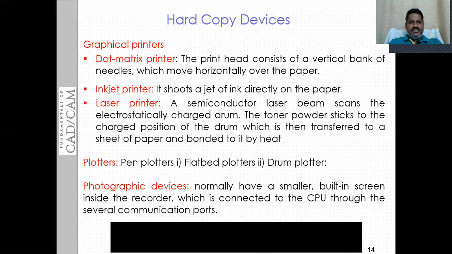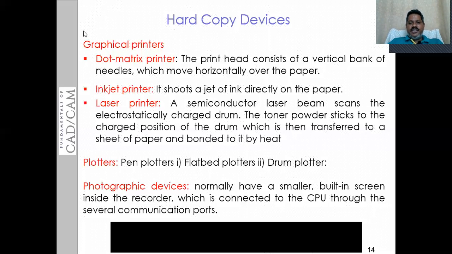These needles also move on the horizontal plane to get the print. These needles are also connected to the head or a carriage, you can call. This carriage can move horizontally and vertically. The vertical movement will be given only by the needles. The horizontal movement will be by the carriage which carries the needles.